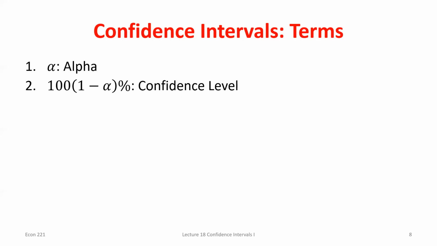Alpha over 2, or 0.1 over 2. So really the z-score that I'm looking up here would be the z-score that gives me alpha total in the tails, but that would mean that there will only be alpha over 2 in each tail.